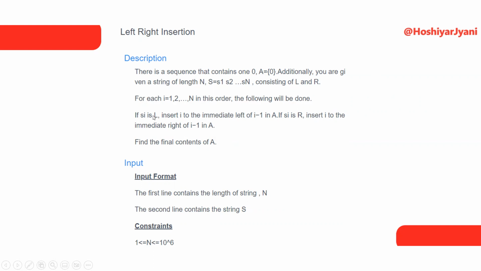If Si, the ith element in the string, is L, insert i immediately to the left of i minus 1 in array A, and if the ith element is R, then insert i immediately to the right of i minus 1 in array A. Find the final contents of A.